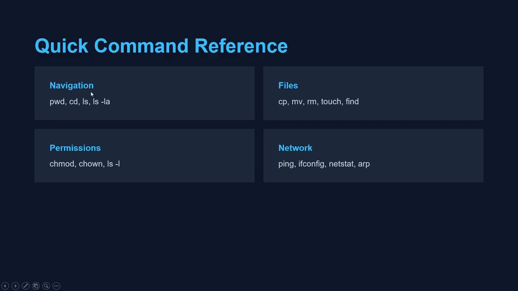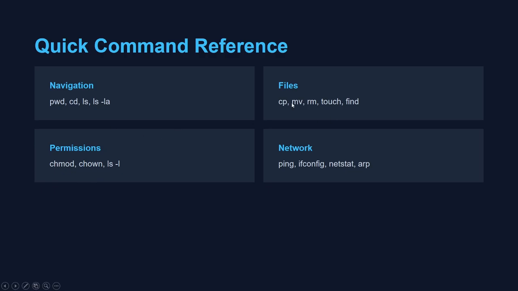cd will help you move from one directory to another. ls will display the list of all the directories and files in the place that you're in. ls -la will show you all the files with their permissions, and the hidden files will also appear because of the a.